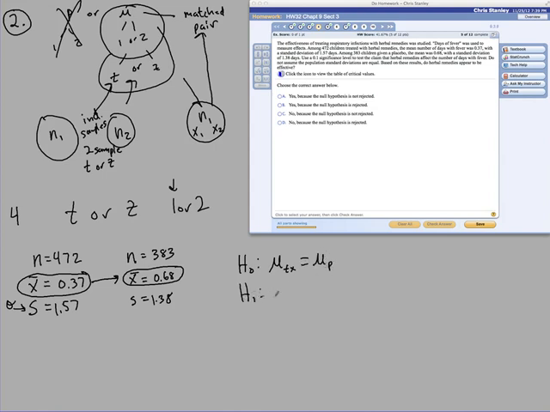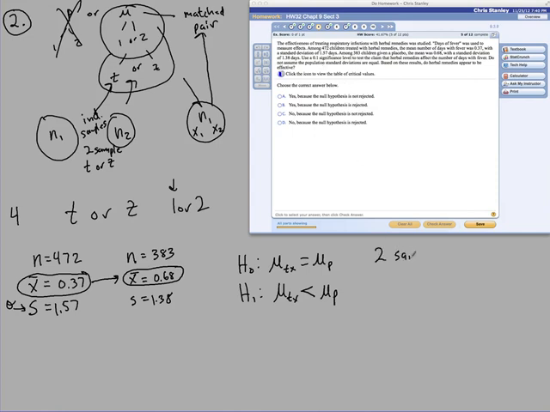And the alternative would be, let's see what they claim: that the herbal remedies affect the number of days with fever. Do the herbal remedies appear to be effective? So if they're effective, then that means that the herbal treatment group gets better faster, so less than the placebo group. Okay, so we could just use a 2 sample T.